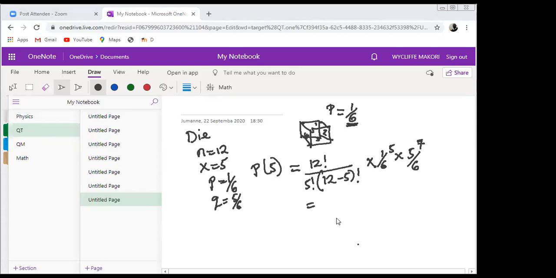Okay, maybe somebody is doubting. 0 point 0 0 0 4 0 1 1 8 40. 1 8. Anybody with a different answer? Just say it, don't worry. If you have a different answer from this, just say it.